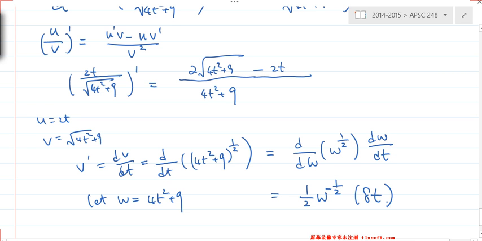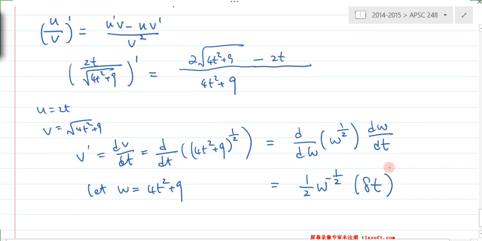Excellent. You should give him applause actually. So coming back here, plug w back in. What do we get? 1/2, w is 4t squared plus 9, to the power negative 1/2, and multiply by 8t. Was that right? Yeah.